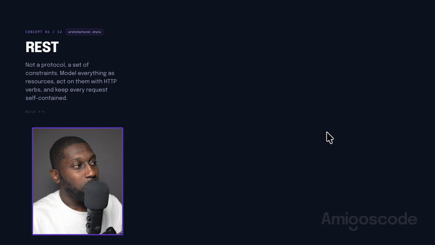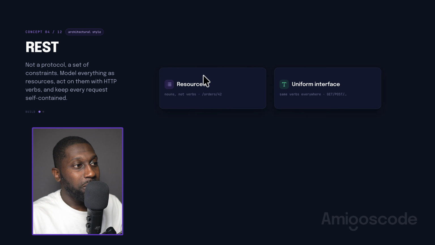Cool. So then we have REST. So REST here is not really a protocol, but a set of constraints, and basically it allows you to model everything as resources and act on them with HTTP verbs to keep every request self-contained. So we have the resource itself. So these should be nouns and not verbs. So in this case, /orders, and then 42, for example. And it's also a uniform interface. So same verbs everywhere.